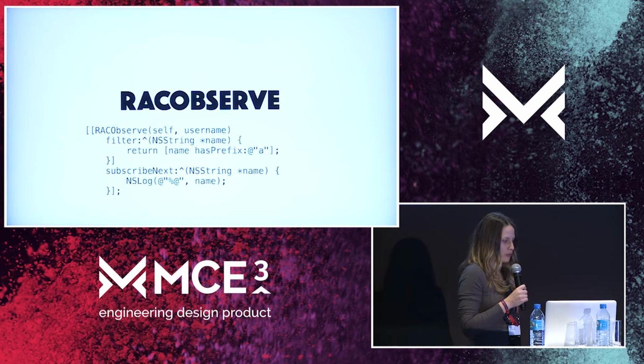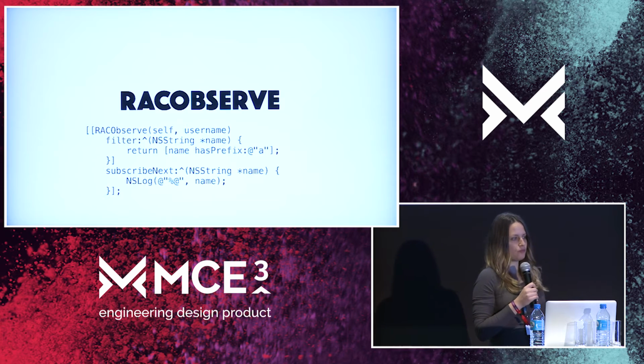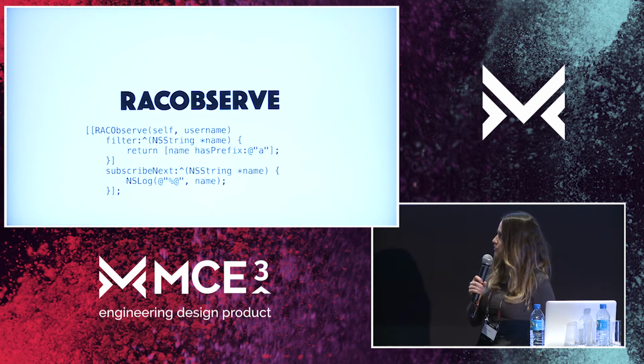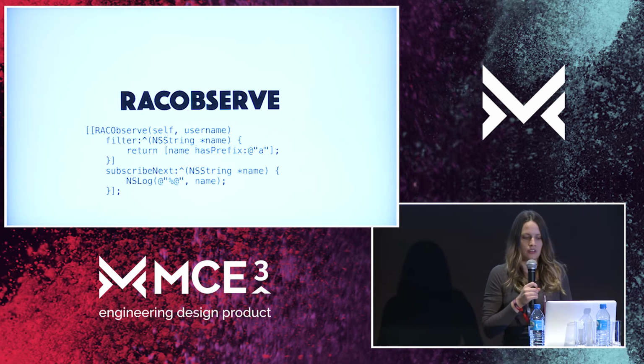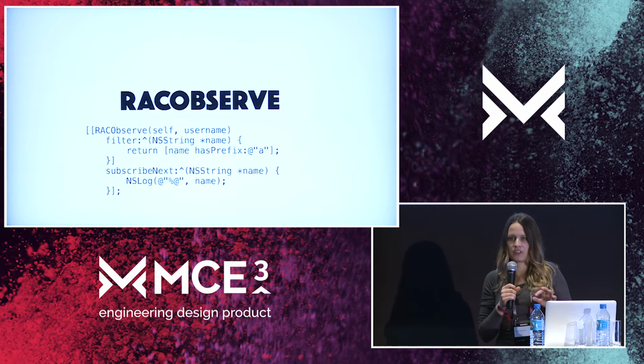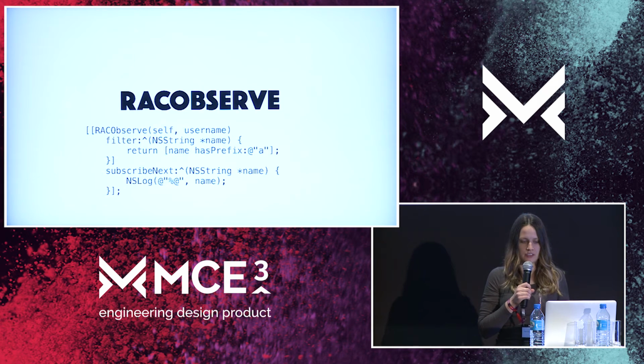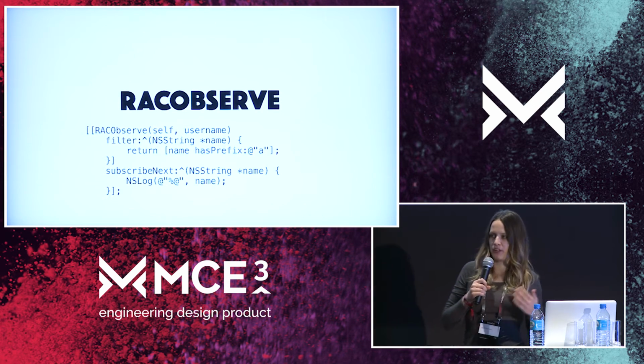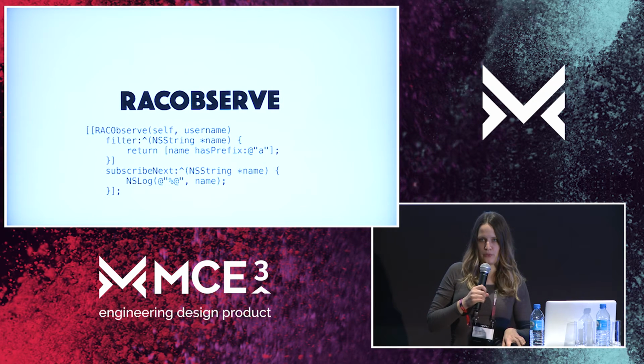There was RACObserve. It's a macro, and it was really, really useful to turn properties into signals. There's a property and you want to be updated about its values.